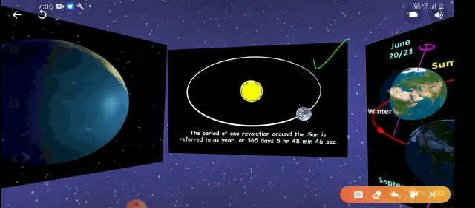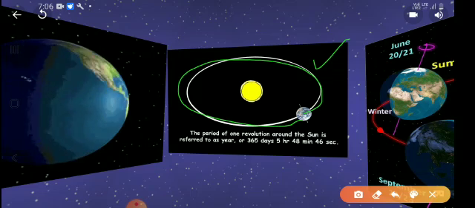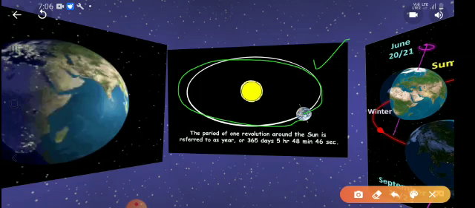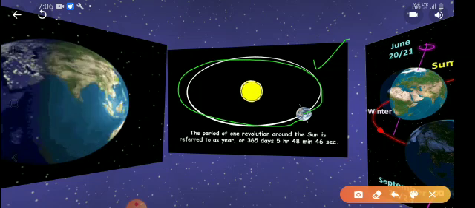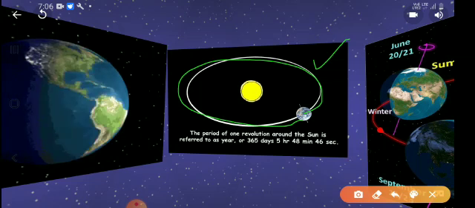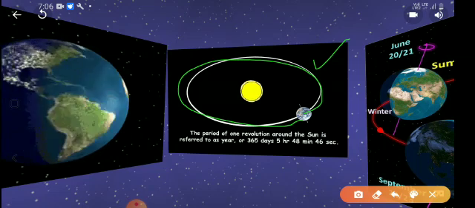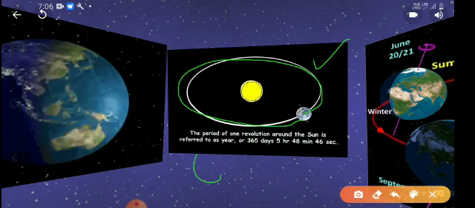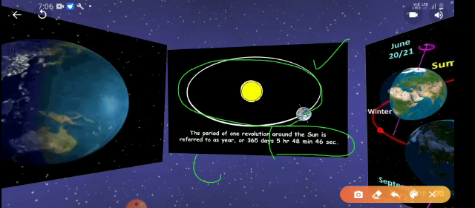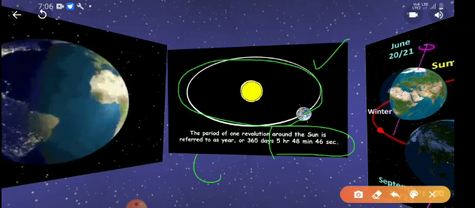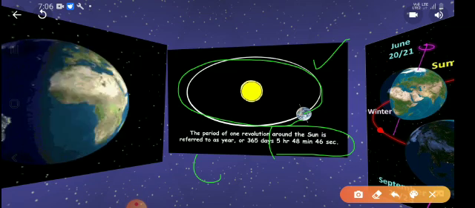Revolution is the movement around the sun, taking 365 and a quarter days. We consider a year as 365 days only and ignore the extra 5 hours 48 minutes and 46 seconds.